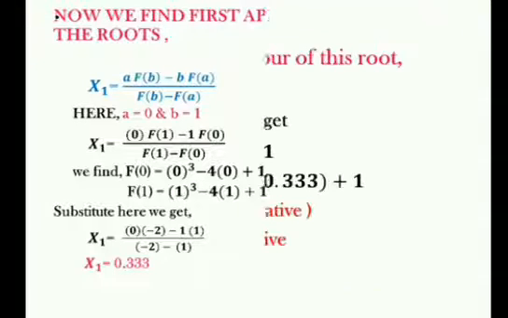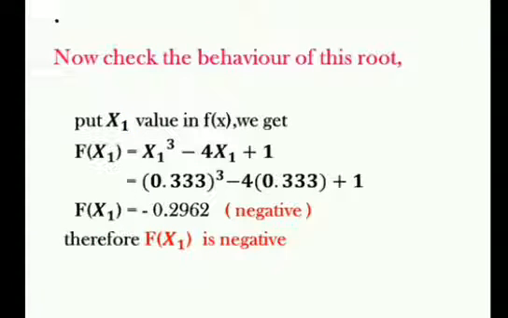Now we check the behavior of the root. Here we put x1 value in f of x, that is x is replaced by x1. We get f of x1 is equal to x1 cube minus 4 of x1 plus 1. Already we know x1 is equal to 0.333.